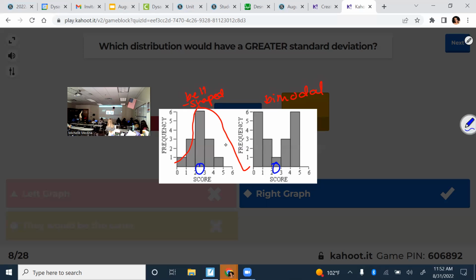Close, they're clustered around the mean. In fact, the bar that's the tallest is where the mean would be. And in the other one, are most of the data points close or far from the mean? So that is how we determine that this one is a little more spread out than the first one. Does that make sense? And of course, we talked about standard deviation measuring how spread out it is.